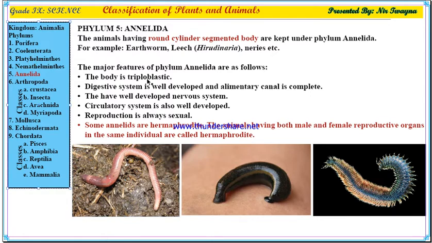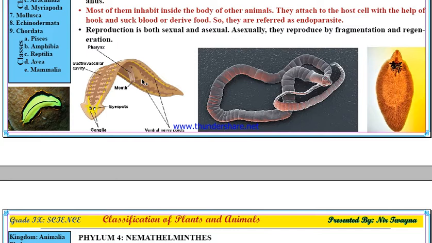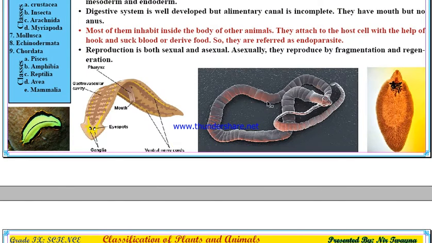However, in case of Platyhelminthes, let us go back here. Their body is organized up to the tissue level. They have tissue, but they don't have any organs.